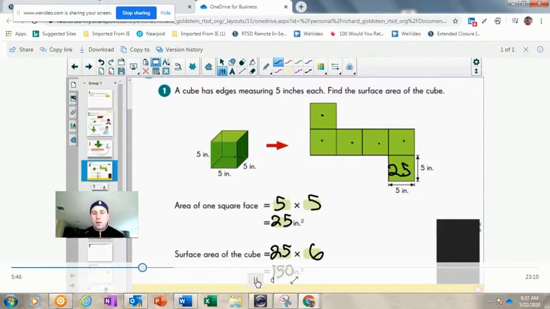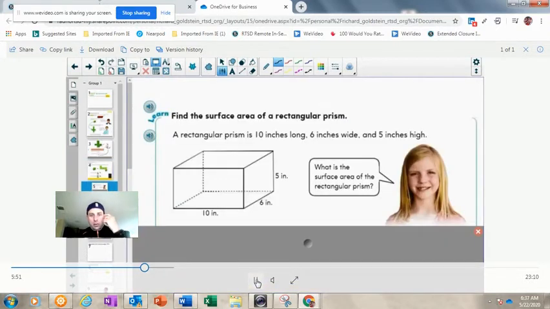You get your answer of 150 inches squared for the cube as a whole.